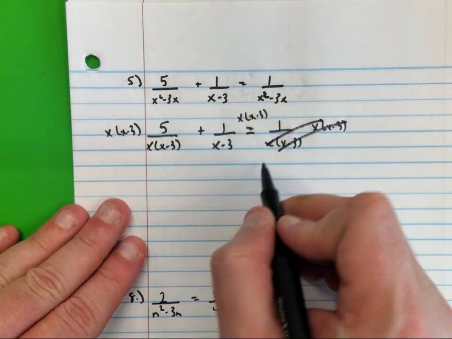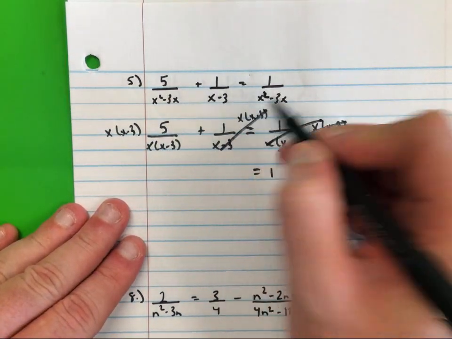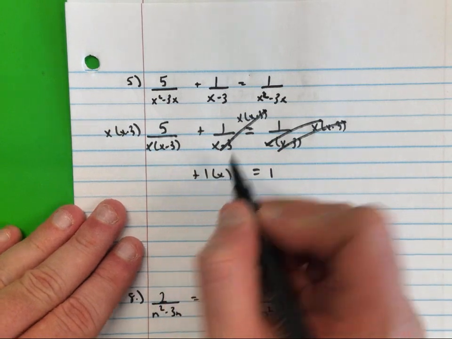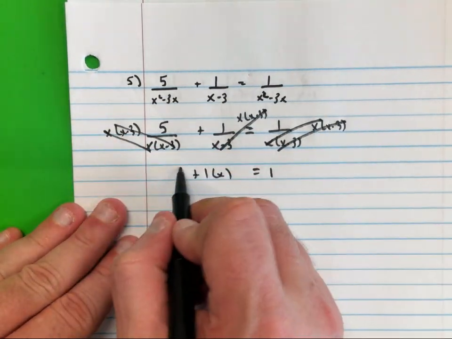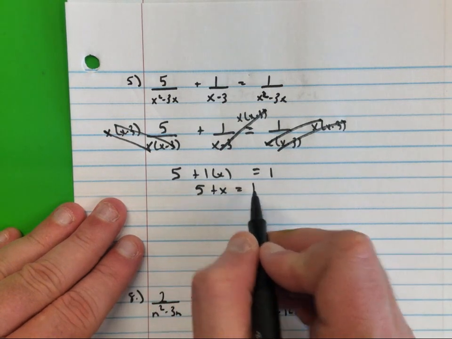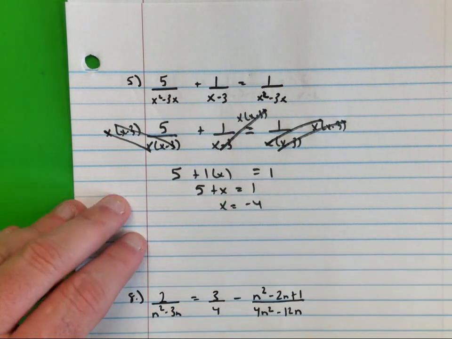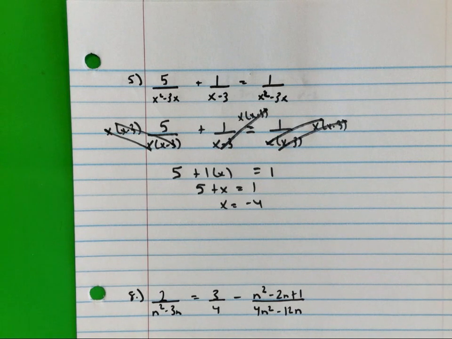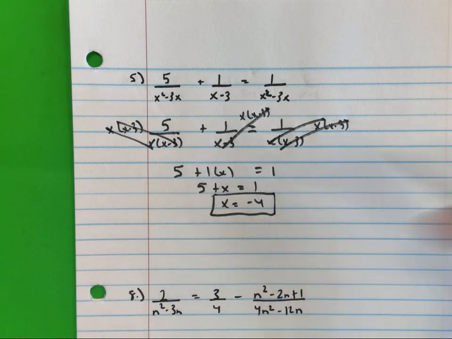These cancel out. These cancel out. I'm left with 1 times x. This cancels out. I'm left with 5. 5 plus x equals 1. x equals negative 4. And I check back up there. Negative 4 would not give me 0 in the denominator. So that would be my answer.